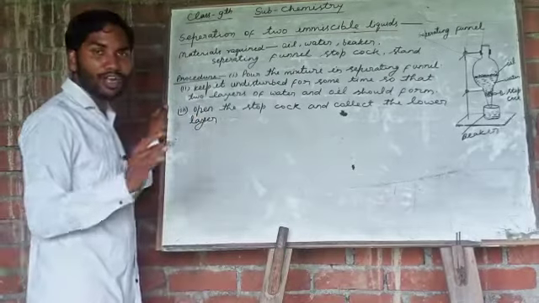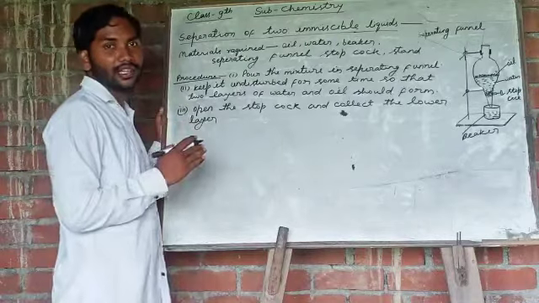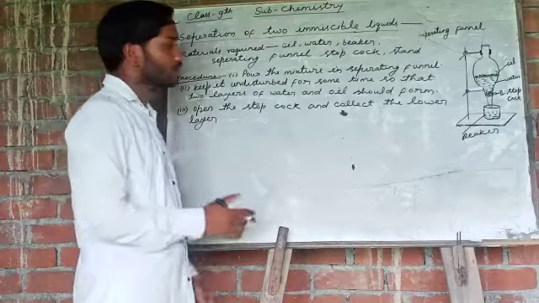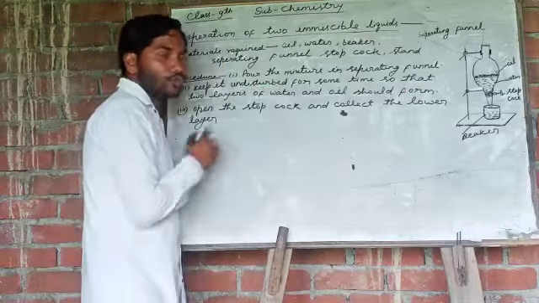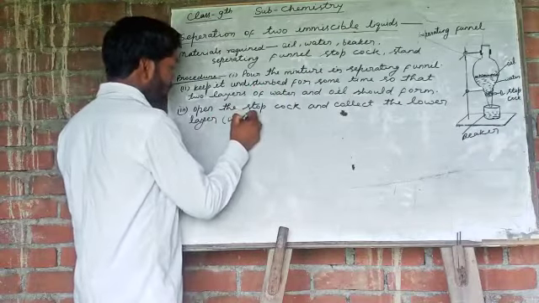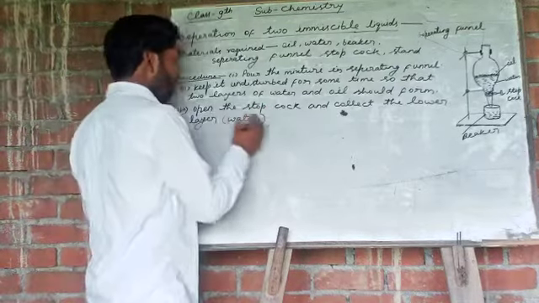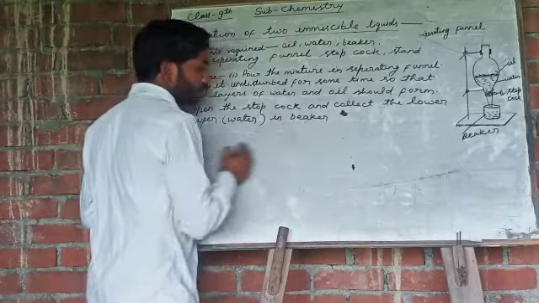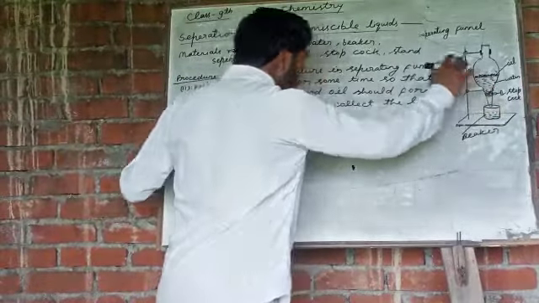The lower layer will be water because oil is less dense than water. So oil is lighter and water is heavier, so it will go downward. So the lower layer, we can write it as water. Open the stop cock and collect the lower layer in a beaker. So we will collect water in the beaker.